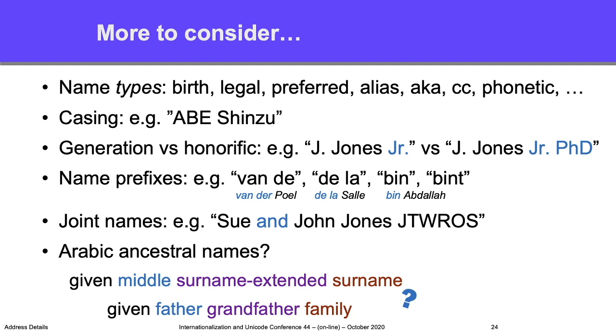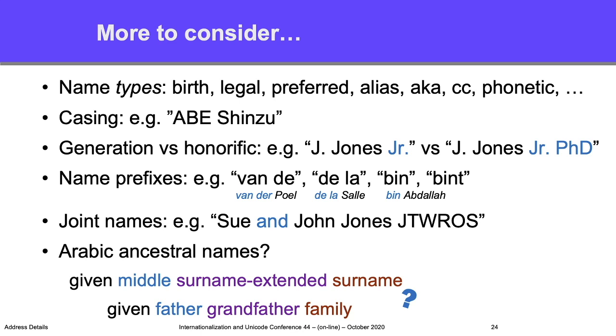Do we need to deal with generation versus honorific names like J. Jones Jr. versus J. Jones Jr. PhD? We feel that those could just be used as different presentation forms or name objects, and they would just go into a suffix field.